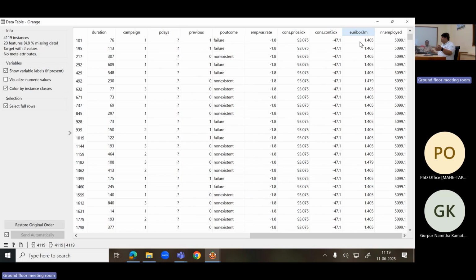Let's say the person whom the telemarketer had called had just come from the cremation of his relative. And the telemarketer makes a call saying, sir, we have a good personal loan for you. Will that person take it?